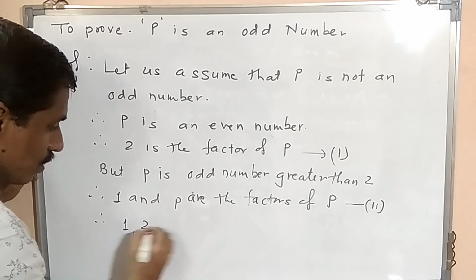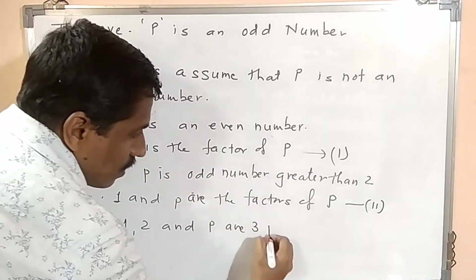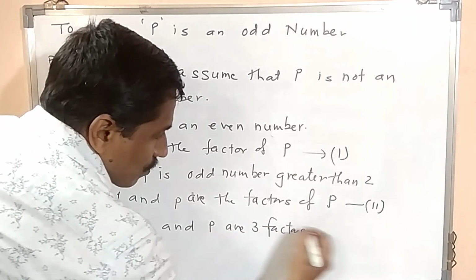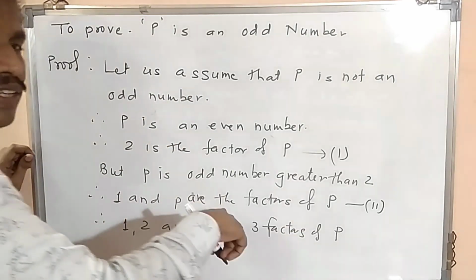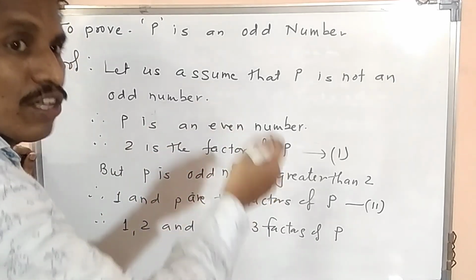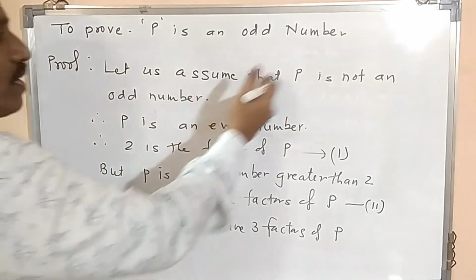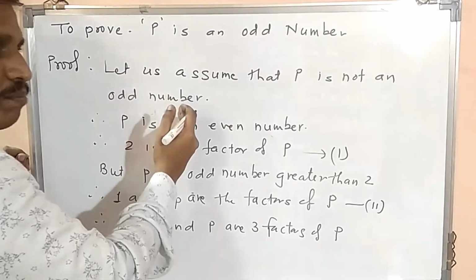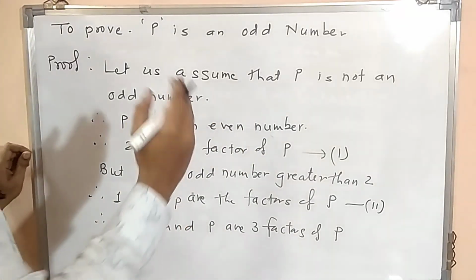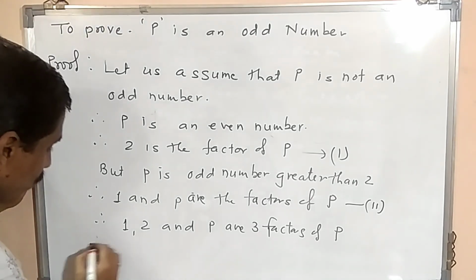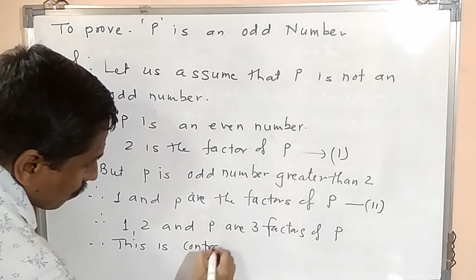Therefore 1, 2 and P are 3 factors of P, which is contradictory to the definition of prime number, and therefore our assumption that P is not an odd number is wrong. Therefore, this is a contradiction.